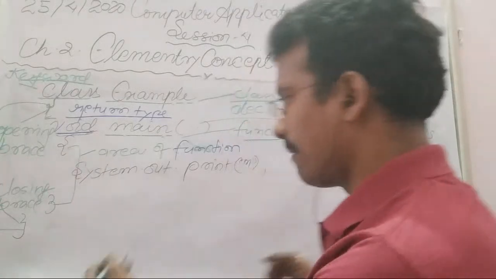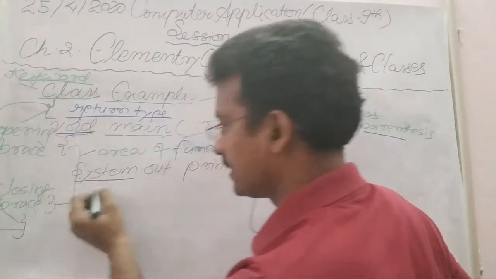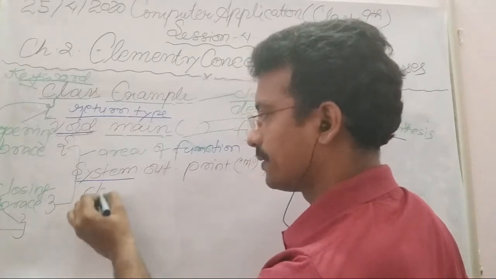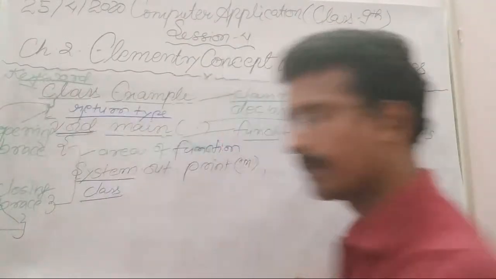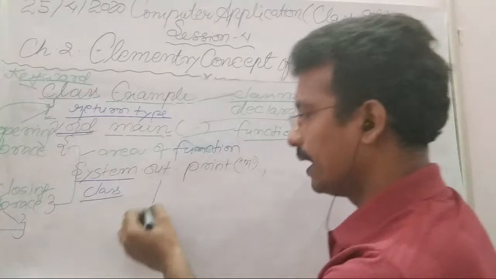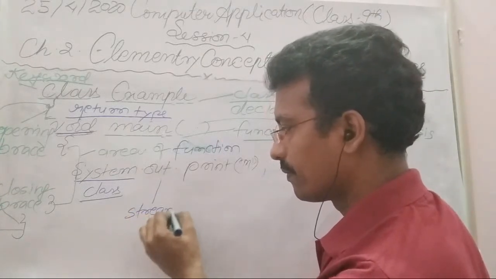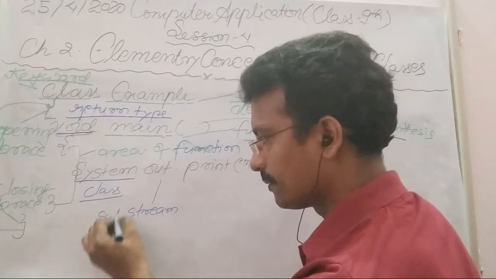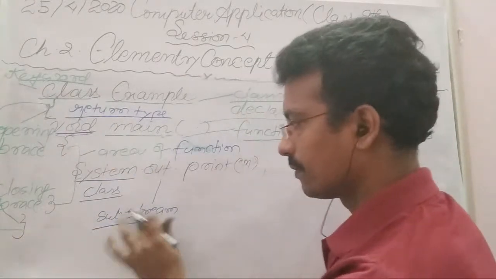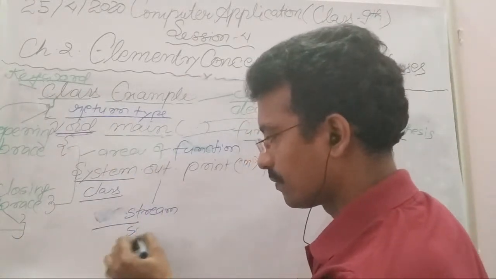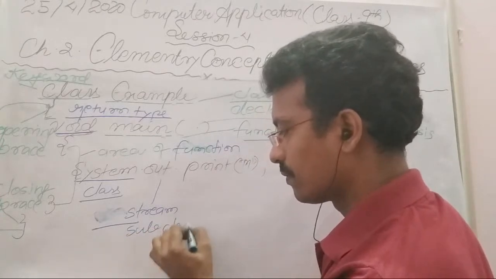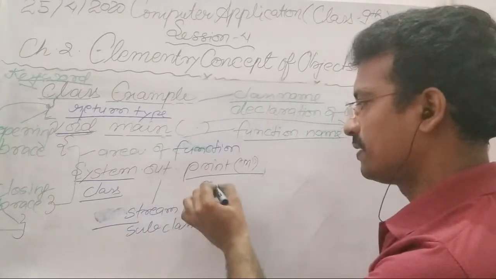Now we are coming inside this block, so we will see System. This is a class. Out is the stream. It is a subclass. And print is the method name.